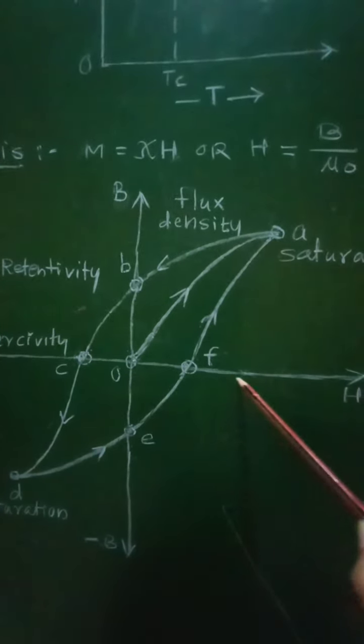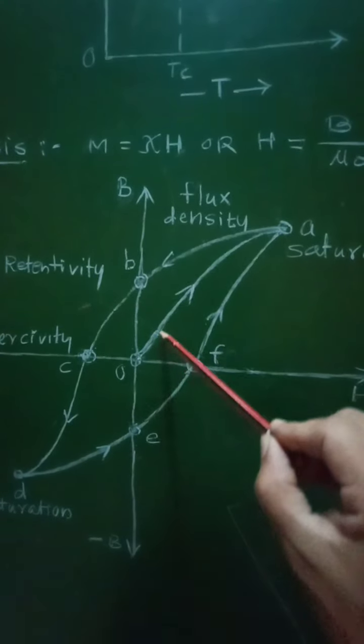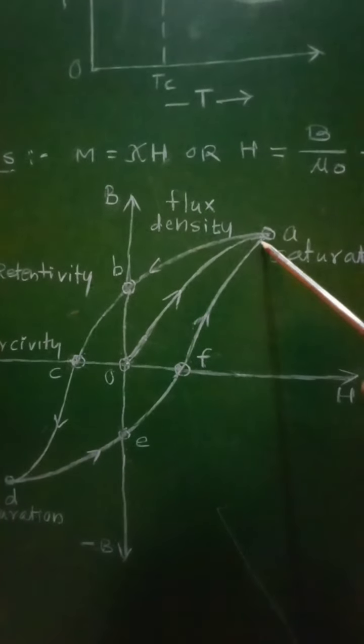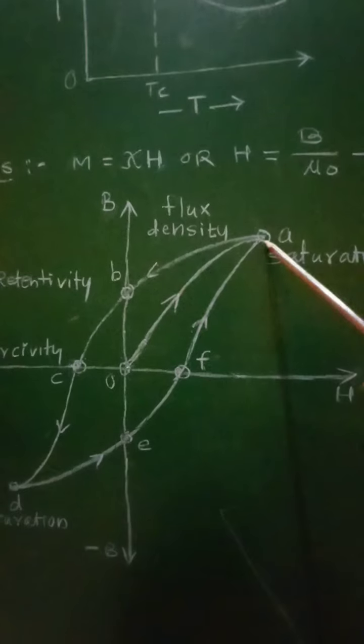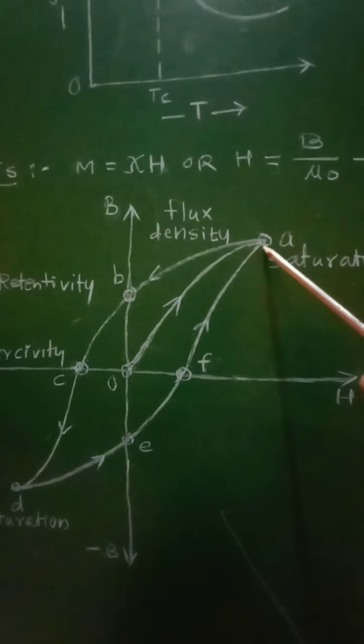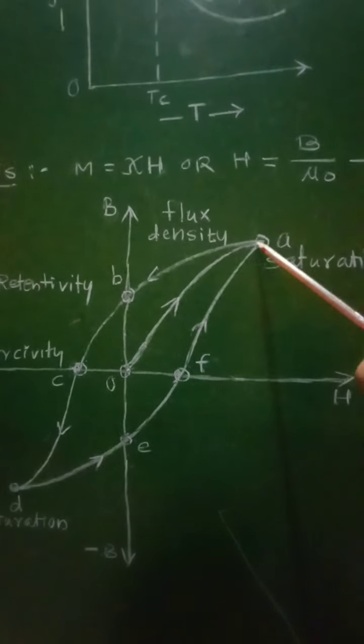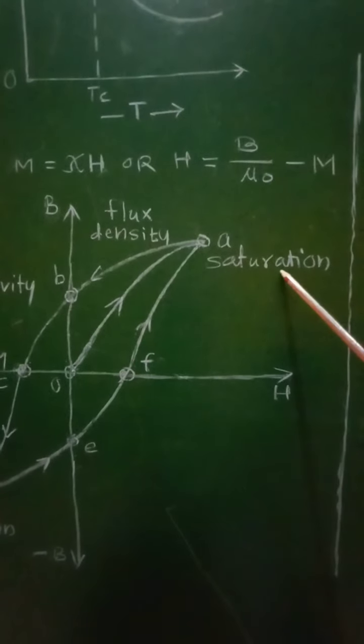Then, as there is increase in the value of H, B will also go on increasing. When it reaches point A, it will represent its maximum value of B, which is nothing but the saturation.